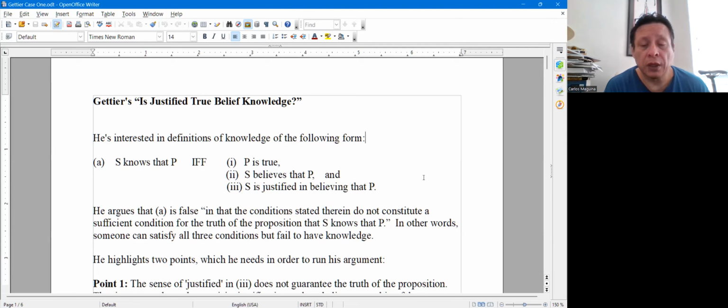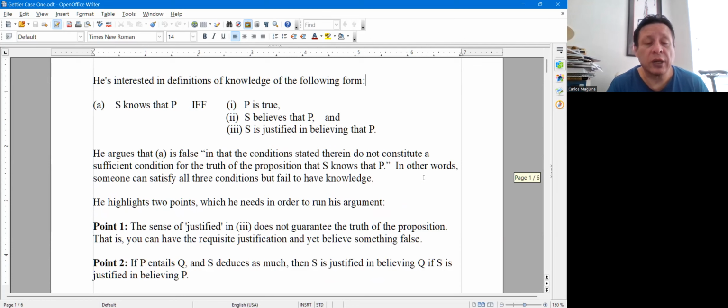And that's what I quote him saying below: A fails as a definition of knowledge, in that the conditions stated therein do not constitute a sufficient condition for the truth of the proposition that S knows that P.